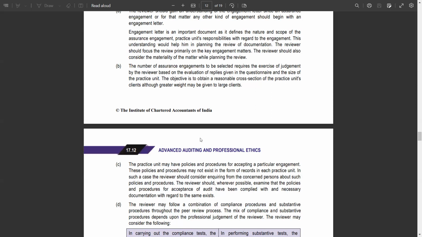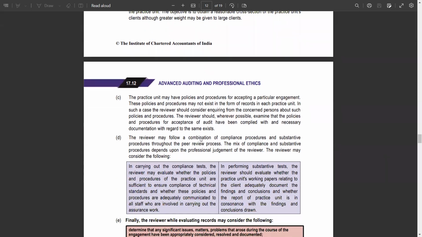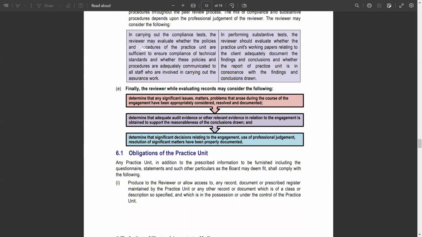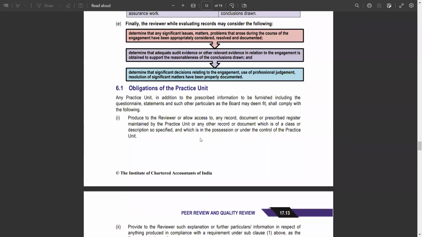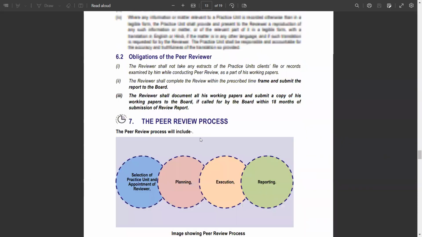And lastly, whether significant decisions requiring professional judgment and resolution of significant matters have been documented or not. This is basically the approach of a peer review. This is a very good question. It is also present in your TYK questions at the last.